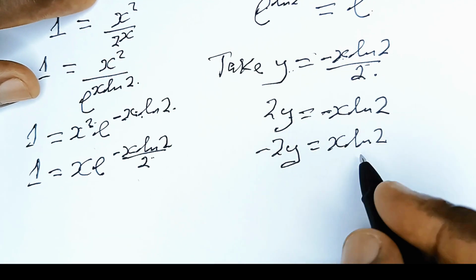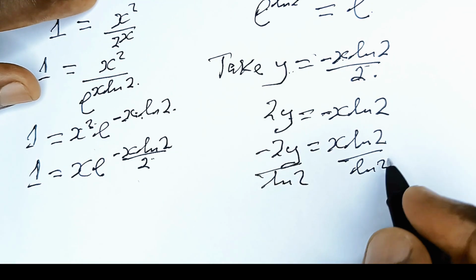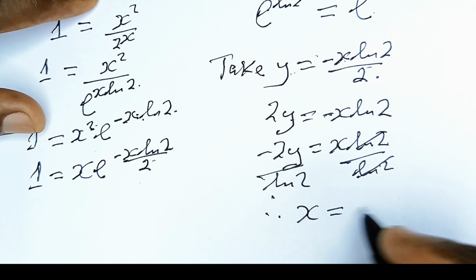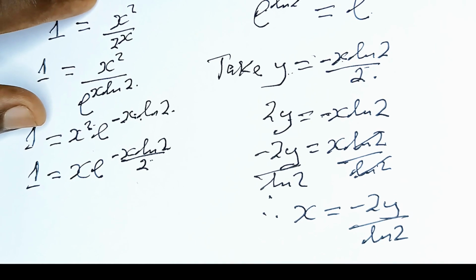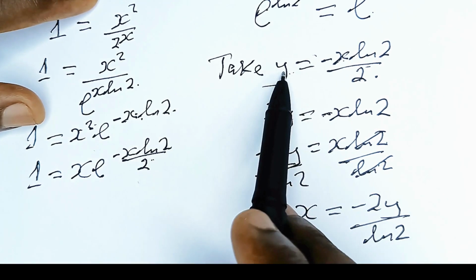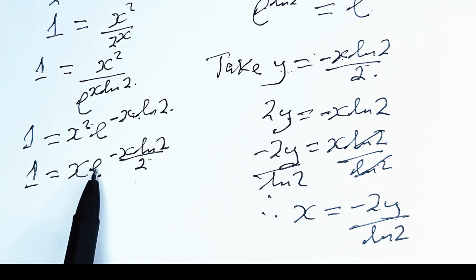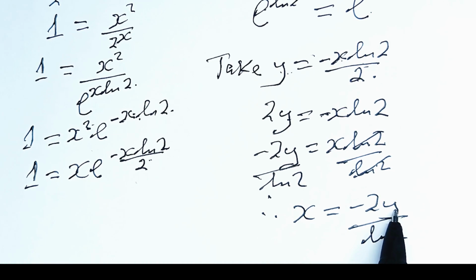Now, you divide both sides by ln 2. So that this cancels this, we are left with x. So therefore, x is equal to minus 2y over ln 2. So we have represented y with this and also x with this. So let's substitute into here. So anywhere we see this, we put y, and anywhere we see x, we put this.